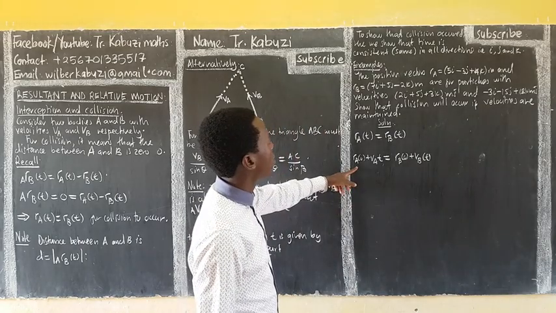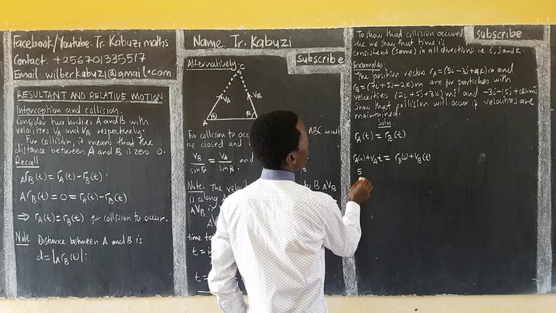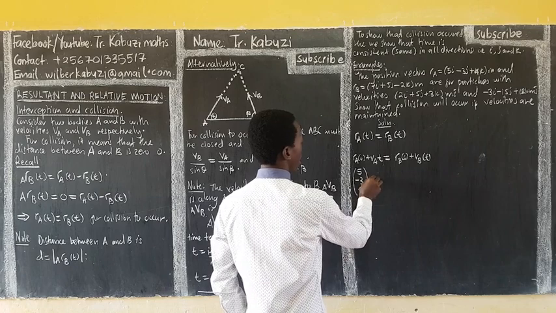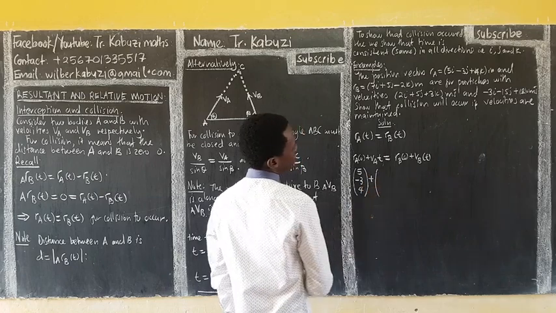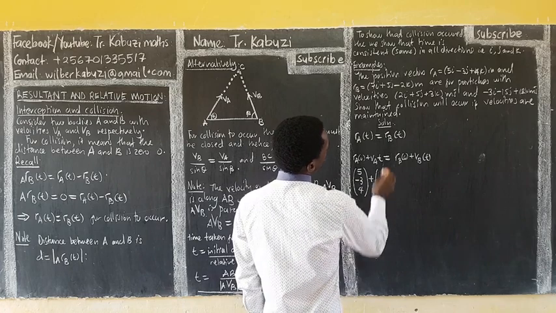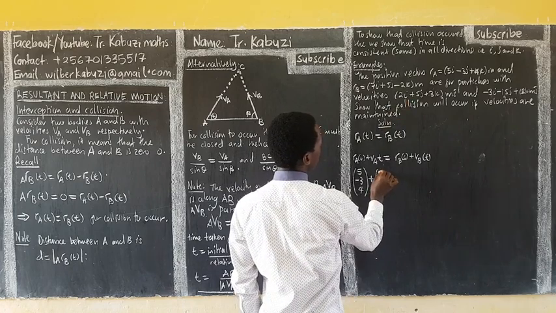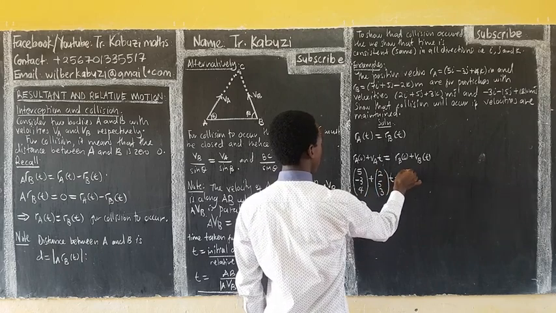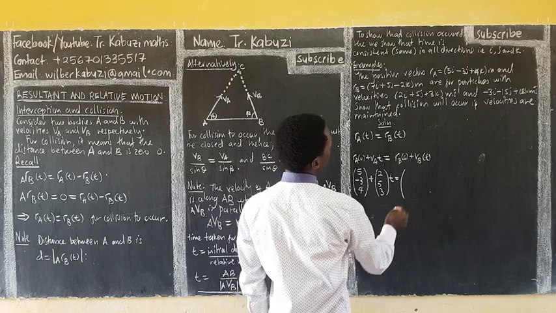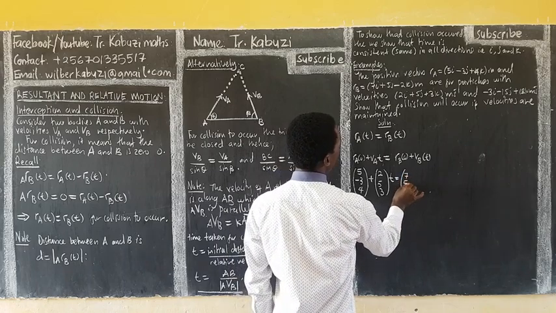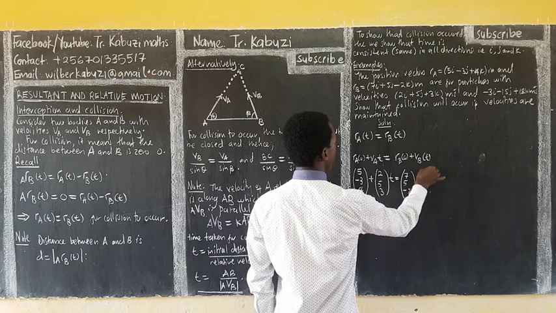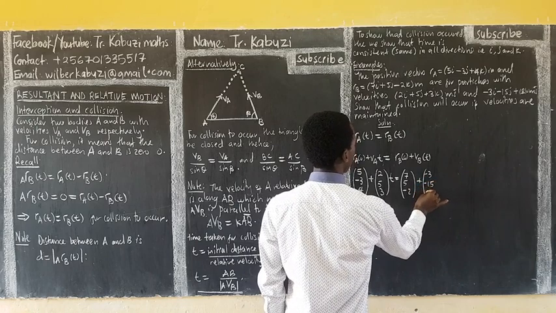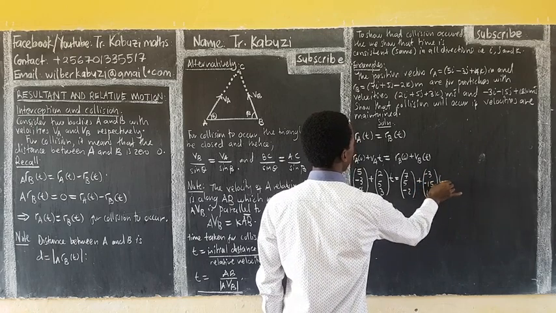So we have the initial position of A, which is (5, -3, 4), plus the velocity of A, which is (2, 5, 3), times t, should be equal to the initial position of B, which is (7, 5, -2), plus the velocity of B, which is (-3, -15, 18), times t.